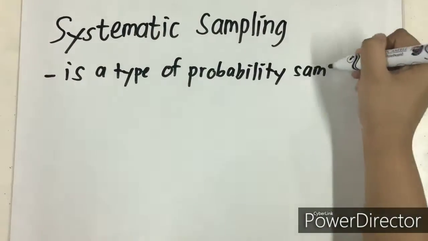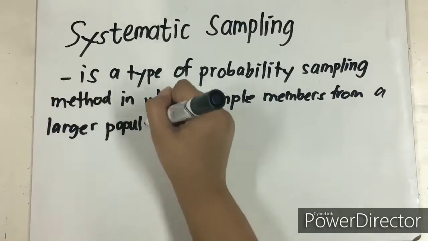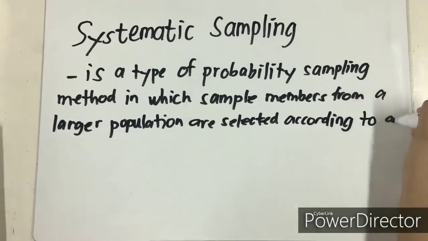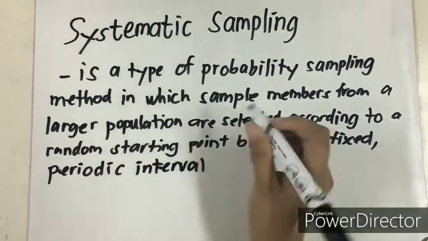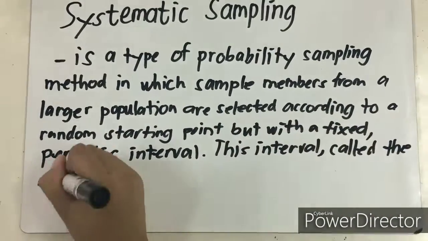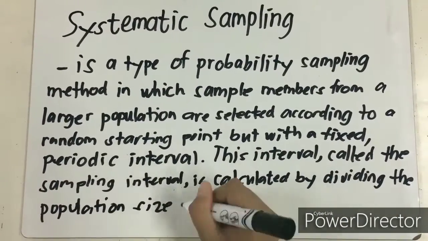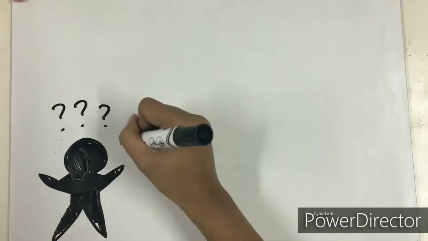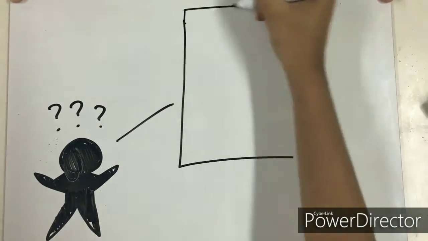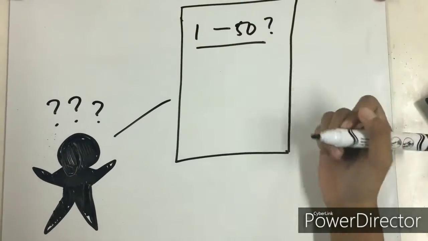Systematic sampling is a type of probability sampling method in which sample members from a larger population are selected according to a random starting point but with a fixed periodic interval. This interval, called the sampling interval, is calculated by dividing the population size by the desired sample size. Example B. The researcher has a population total of 100 individuals and needs 12 subjects.